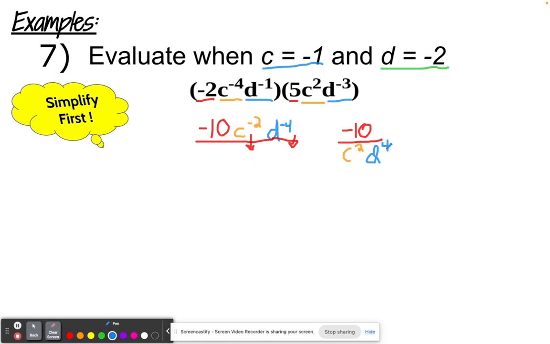Now let's plug in our numbers. For C, I'm going to plug in -1 to the 2nd power. And then for my D, I'm going to plug in -2, and that will be to the 4th power.